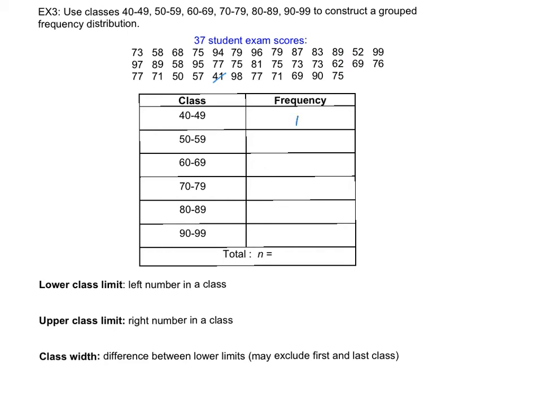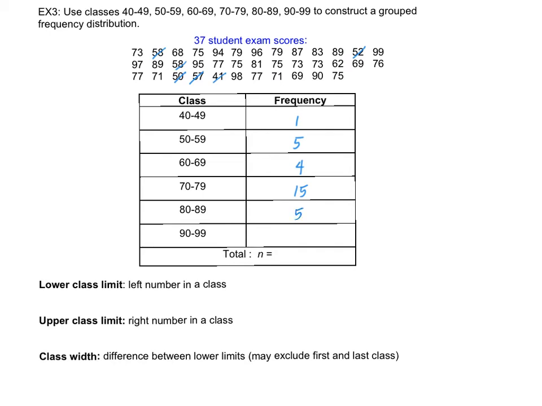The 50 to 59, I have 1, 2, 3, 4, 5. It looks like 5. And then we'll keep doing this. 60 to 69 would be 4. 70 to 79 is 15. 80 to 89 is 5.